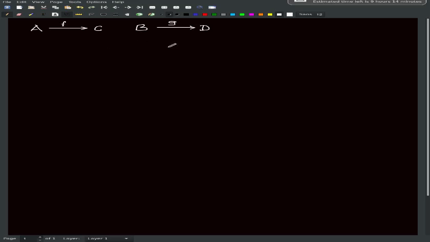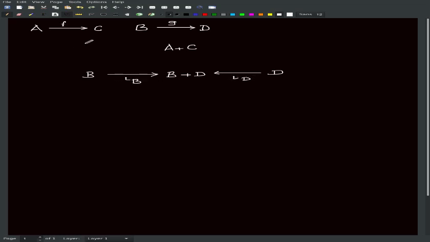And we have the disjoint union. This is the inclusion map, and similarly over here.